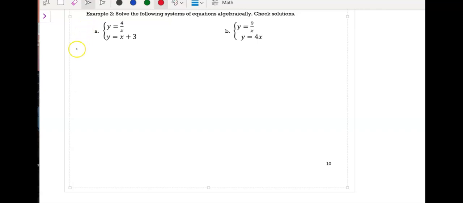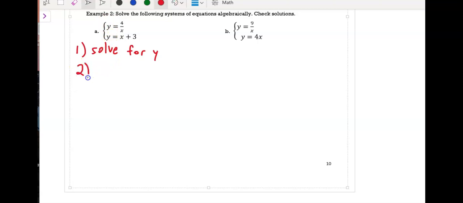So we have some steps that we have to do to solve this. That first step is that we want them both equal to y. So we're going to solve for y, which in this case, they're both already equal to y, so we don't have to worry about that.